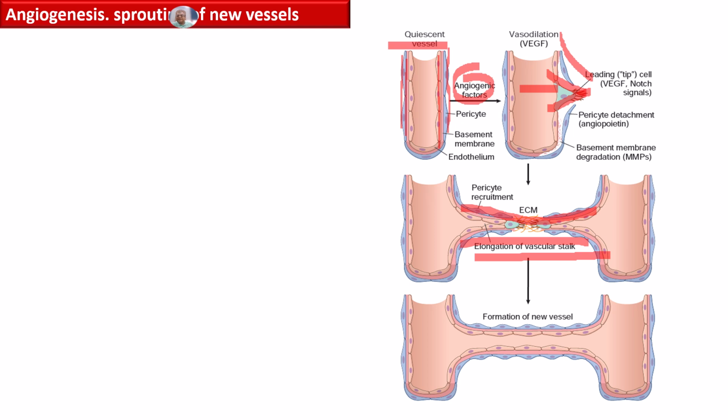Here you can see the pericytes are also recruited outside to support the vessel, and they are also responsible for elongation of the vessel.